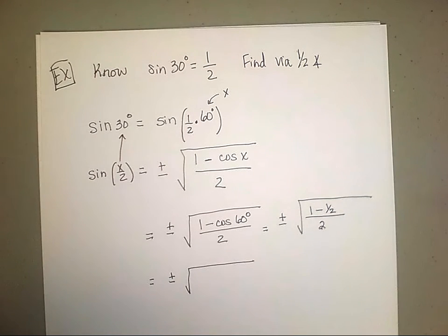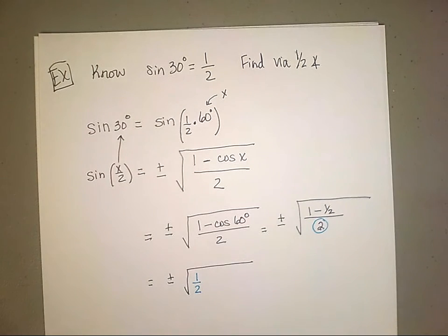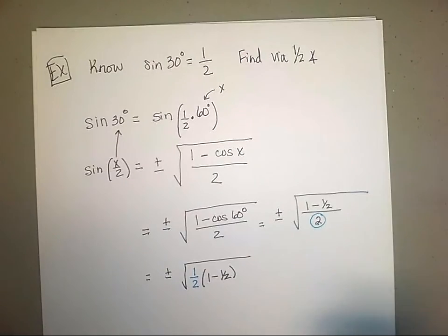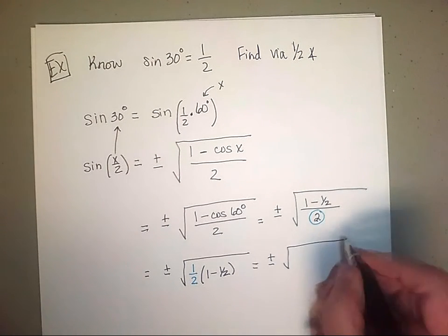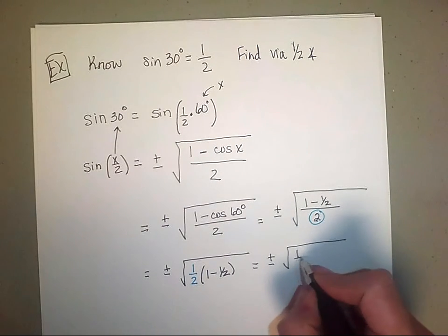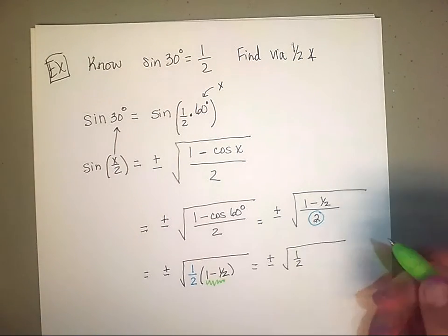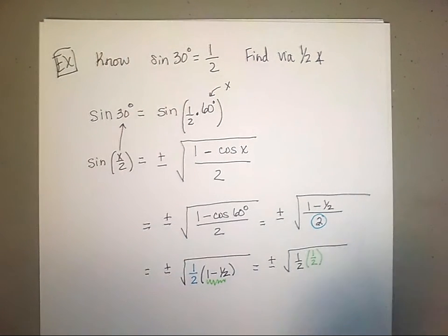Now dividing by 2, let's just change this to make this a little easier for us. Dividing by 2 is the same thing as multiplying by 1/2 times the numerator, 1 minus 1/2. Okay. Which is equal to plus or minus the square root of 1/2. And now simplifying this, 1 minus 1/2 is just 1/2.